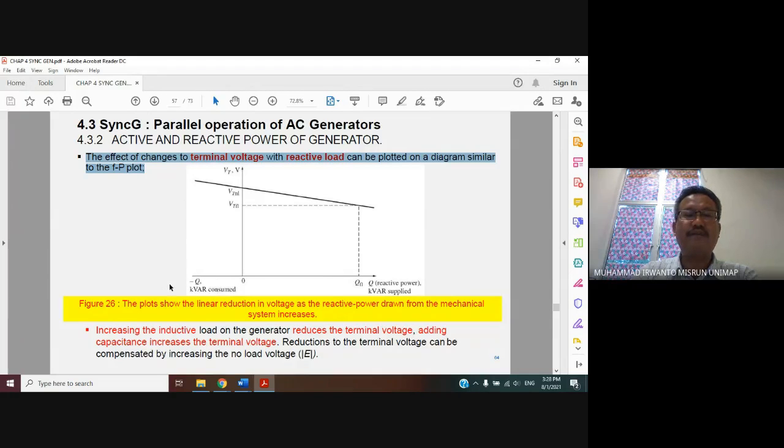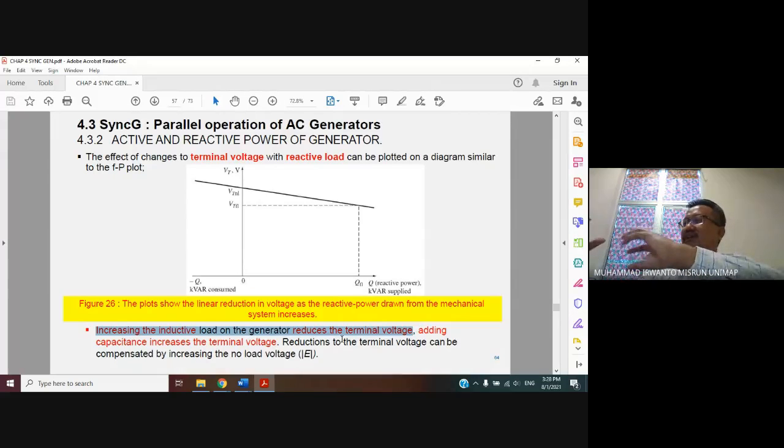Increasing the inductive load on the generator reduces the terminal voltage, same as the phasor diagram: with an inductive load or lagging power factor, the terminal voltage is lower.